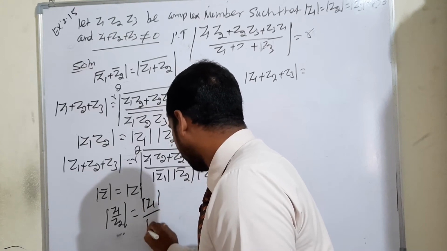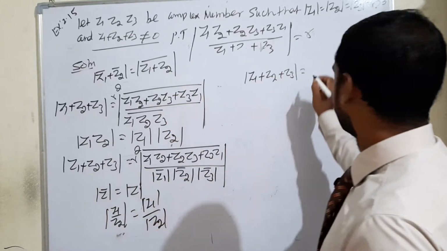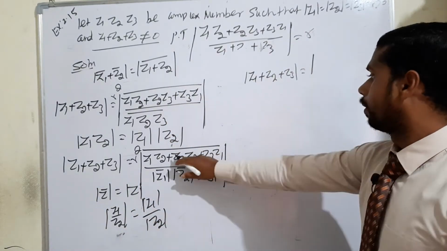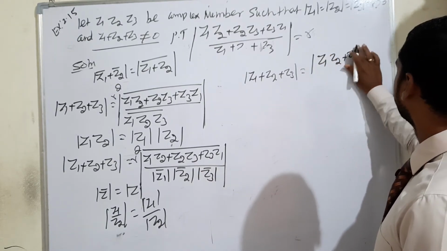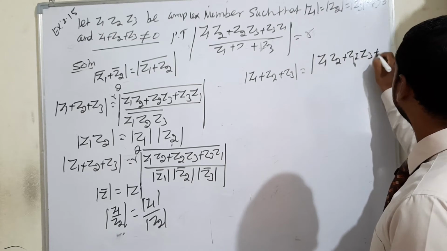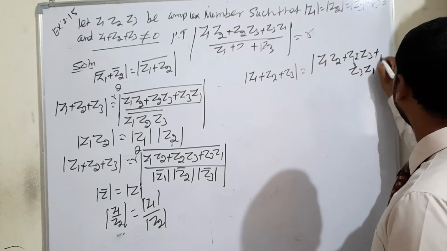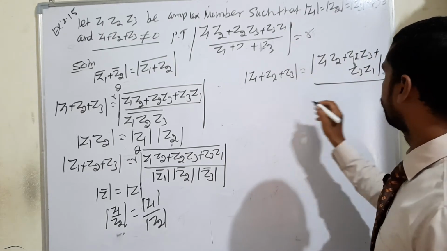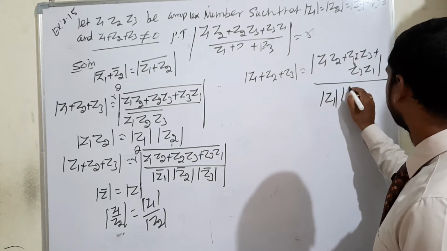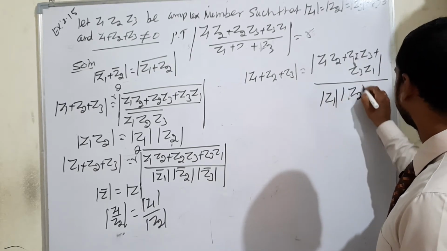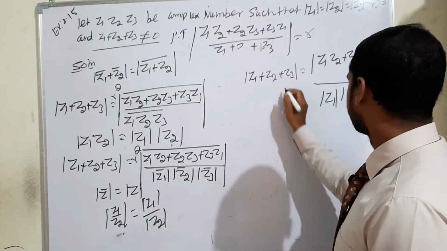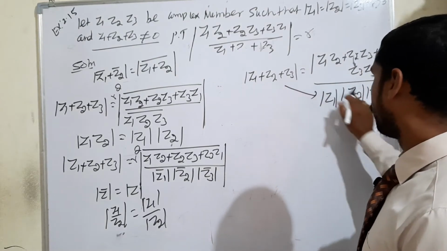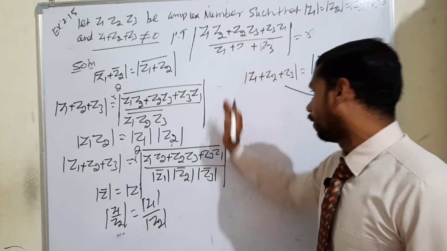Modulus of Z1 divided by modulus of Z2. So it is equal to modulus of the first one, without bar also, Z1 Z2, then Z2 Z3 plus Z3 Z1, divided by, here also separate, modulus Z1, Z2, then Z3. Again cross multiply means opposite term bring out, denominator going to the LHS part.